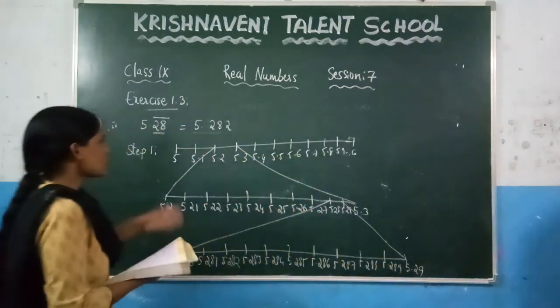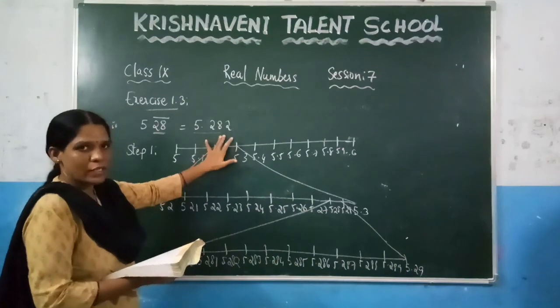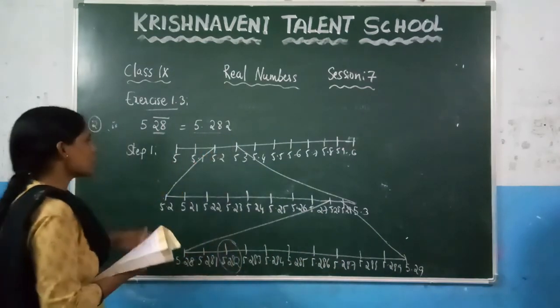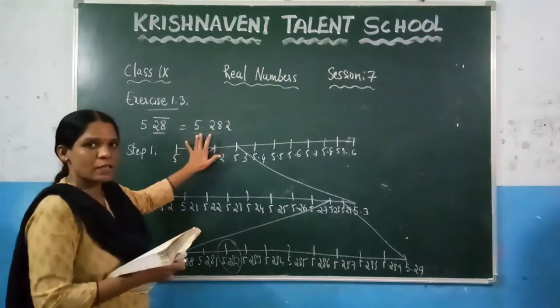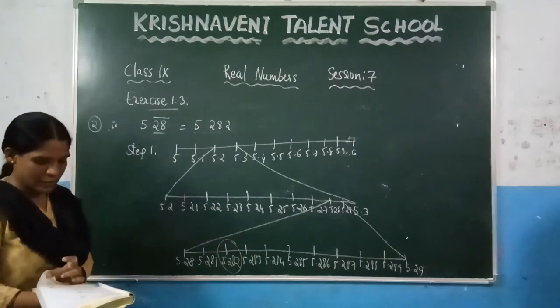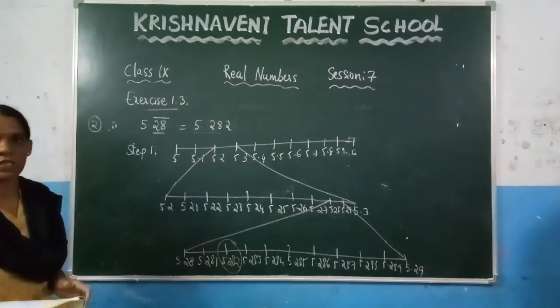Now just check this number 5.282, where it is located at this point. This is the representation of this decimal on a number line. Up to here exercise 1.3 is completed. In the next session, we are going to discuss operations on real numbers.